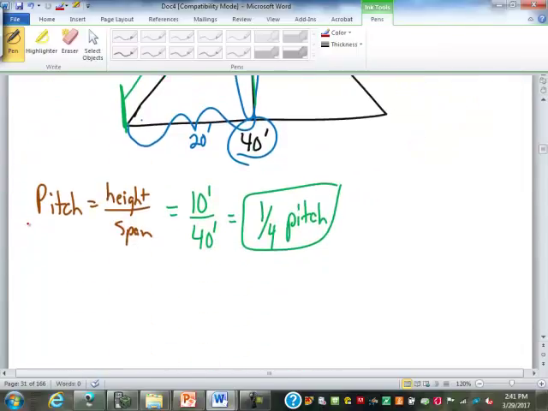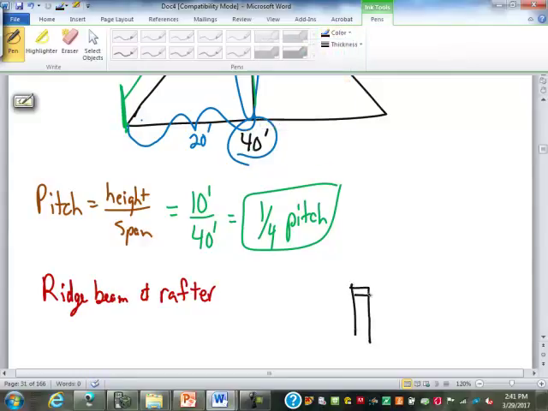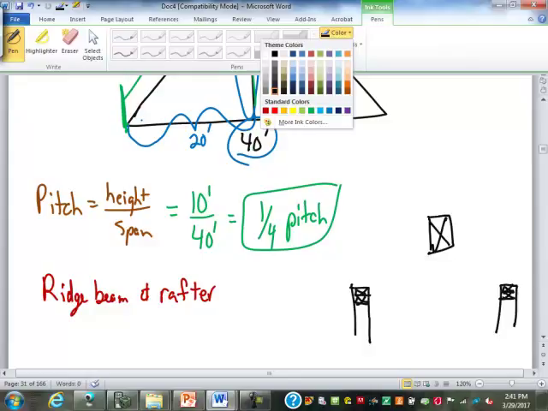Pitch is used primarily for the old ridge beam and rafter systems. In a ridge beam and rafter system, you had your walls, and somewhere you're going to set a ridge beam, then your rafters are just going to be put on top of that.